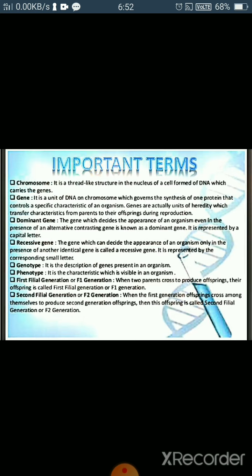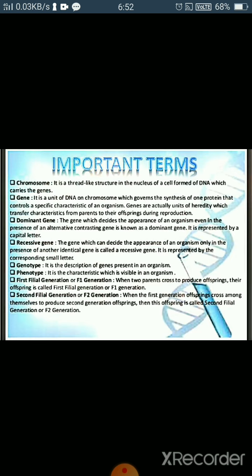which carries the genes. Now, there is a term gene. A gene is a small segment of DNA that controls a specific character of an organism, like our eyes have different genes, our skin has different genes.